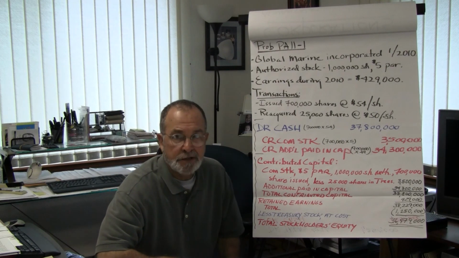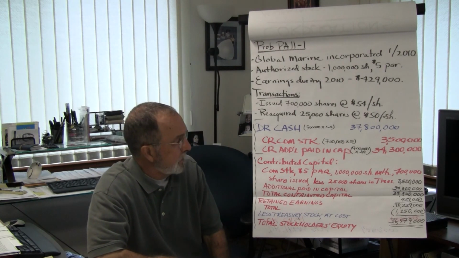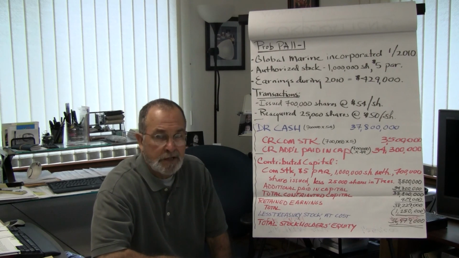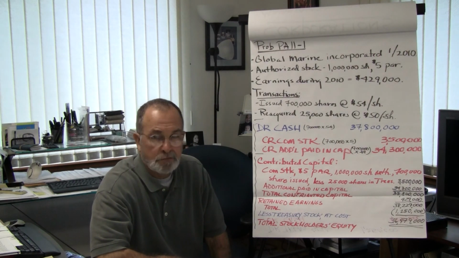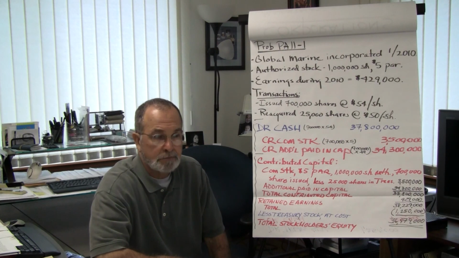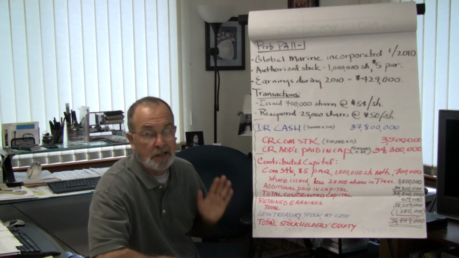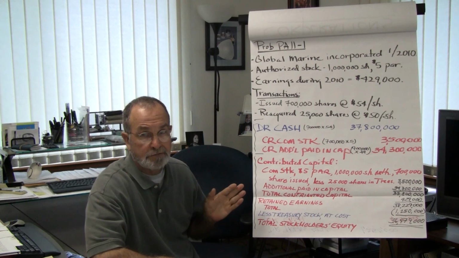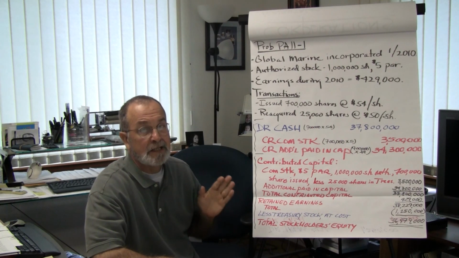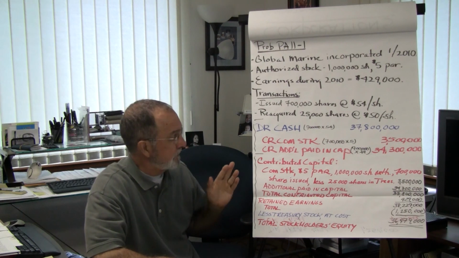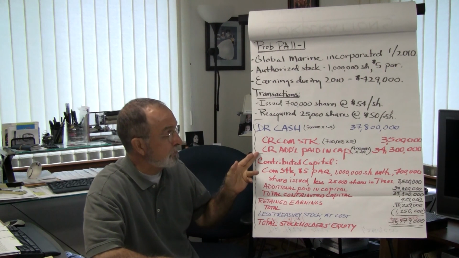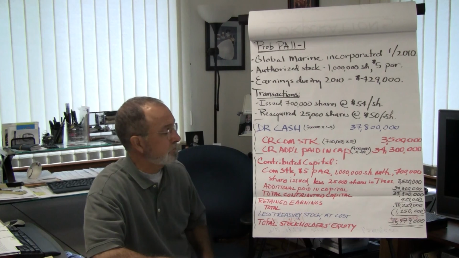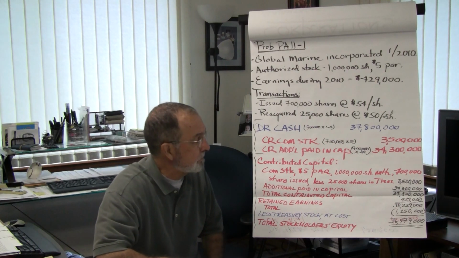And the difference, again, if we take the price, subtract the par, in the previous lesson I called that the premium. And in the previous lesson, the account title I used was contributed capital in excess of par. In this problem, the account title I'm using is a little different, but again, it's the same account. Here I'm using additional paid-in capital.